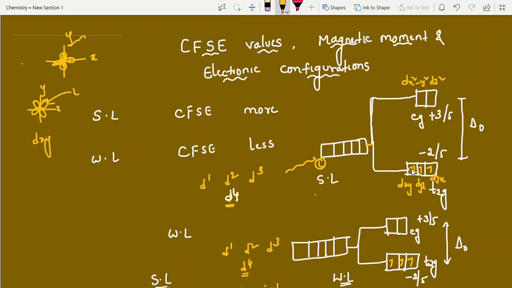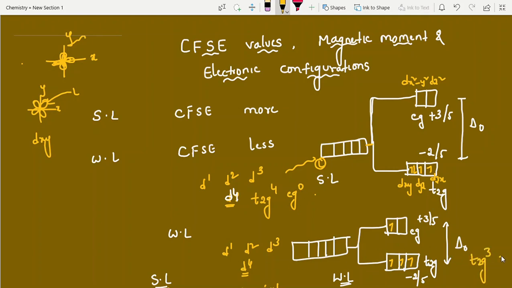In a strong field, pairing takes place because the energy gap is more. But in a weak field, the energy gap is less, so the electron jumps here. This is the difference. So finally, the d4 configuration is t2g 4 and eg 0. And what about here?